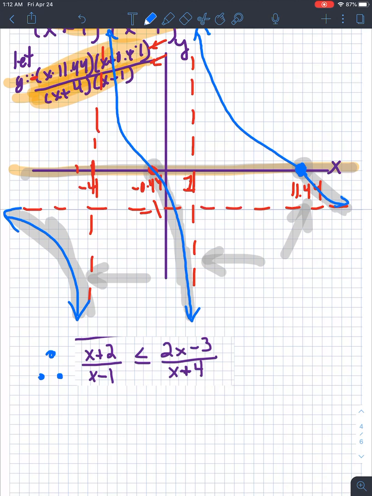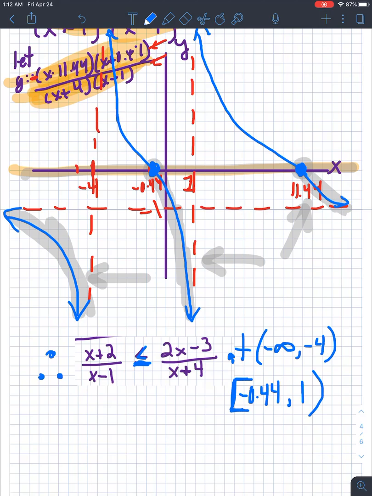So at the interval negative infinity all the way to negative 4. That's below the x-axis there. At negative 4, it flips to above the x-axis all the way until right here. So we have negative 0.44. That counts. I'm doing a square bracket here because it's allowed to equal. It's less than or equals. That goes all the way to positive 1.